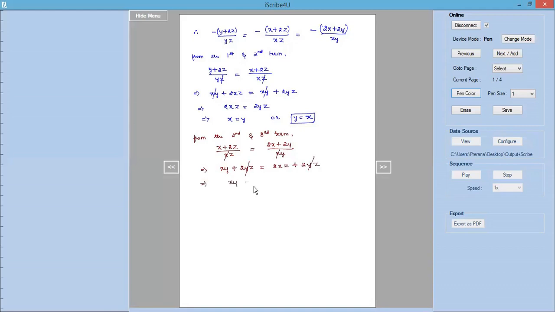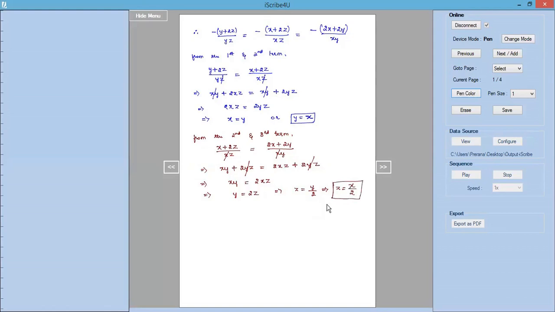We have xy is equal to 2xz, or cancelling x, y will be 2z. So since y is equal to 2z, we can write z is equal to y by 2. And since we have already obtained y is equal to x, substituting that, I can obtain z is equal to x divided by 2.